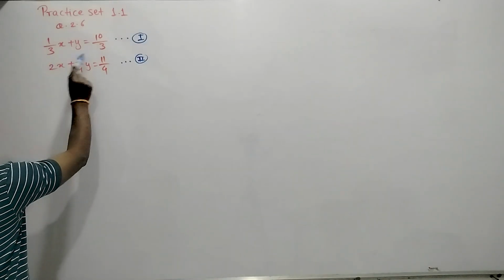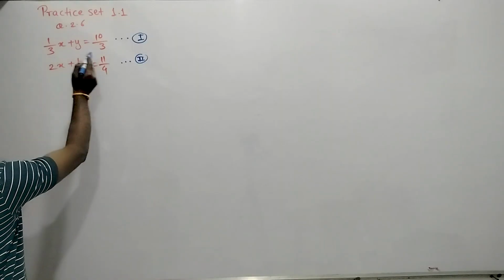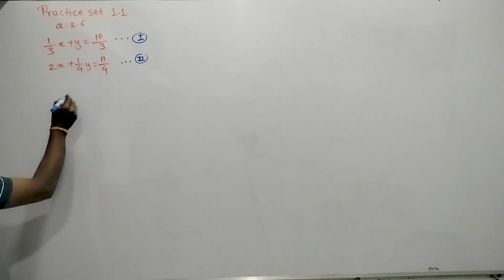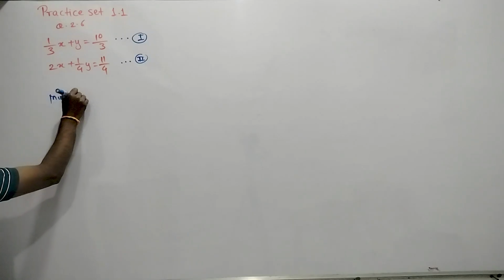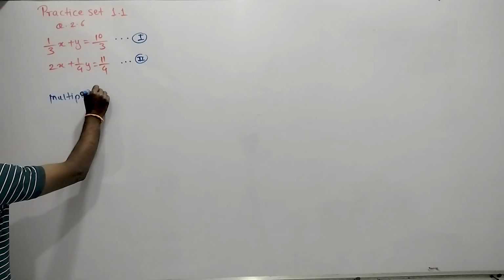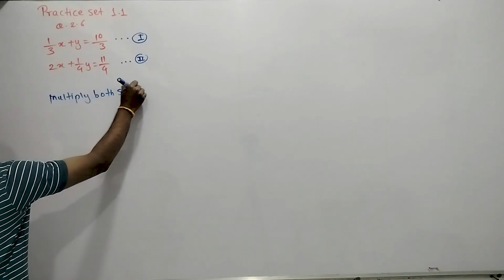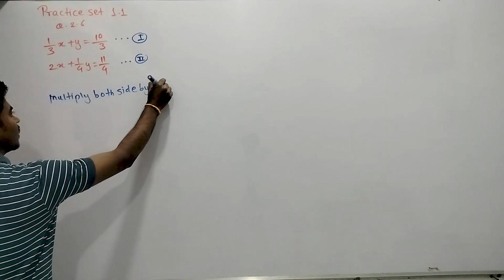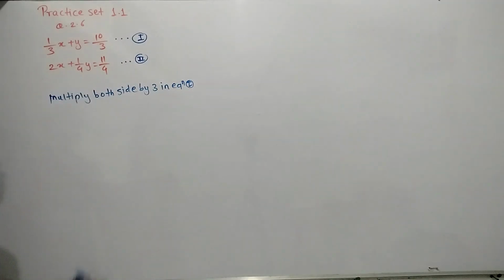So if you can see, both side denominators is 3 here. So if we are going to eliminate this 3, we need to multiply both sides by 3. So let's multiply both sides by 3 in equation 1.